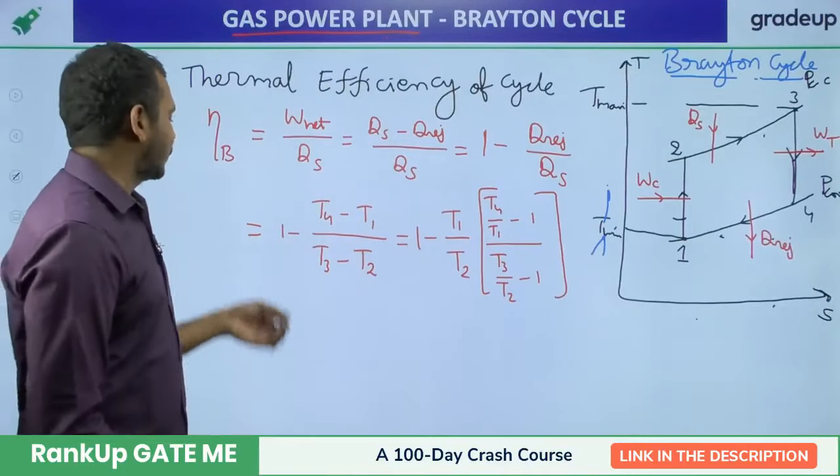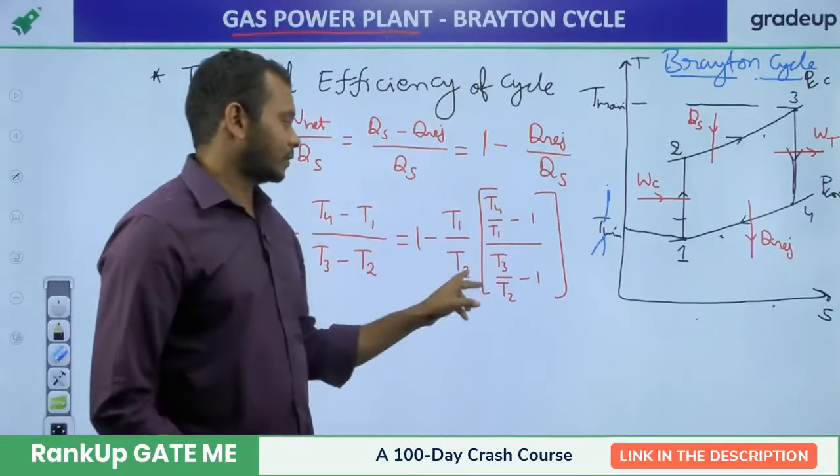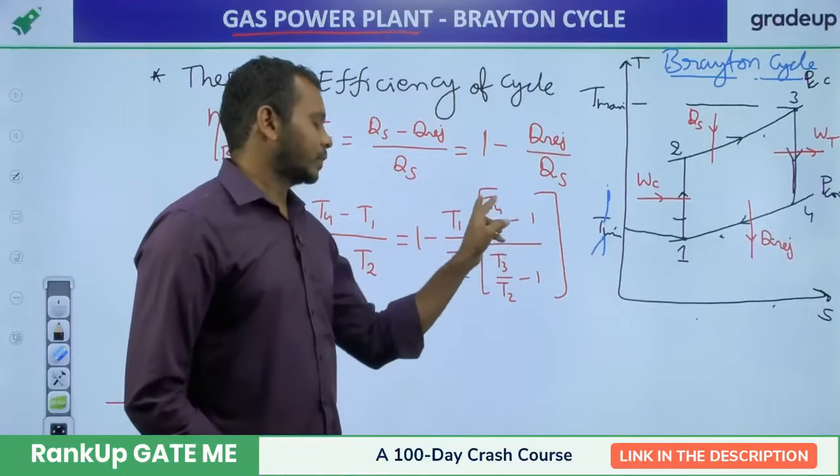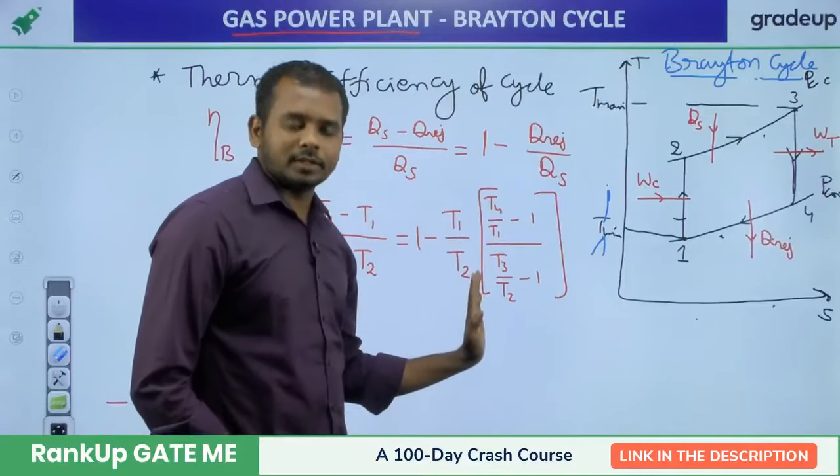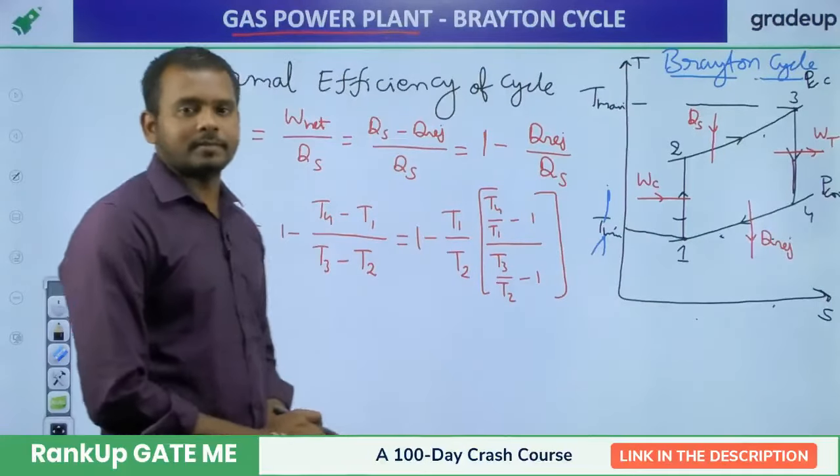Right? So in order to find the thermal efficiency of the cycle, we need these ratios: T1 by T2, T4 by T1, T3 by T2. If you have these ratios, you can find the thermal efficiency of the cycle.